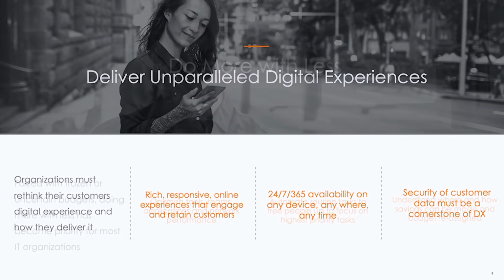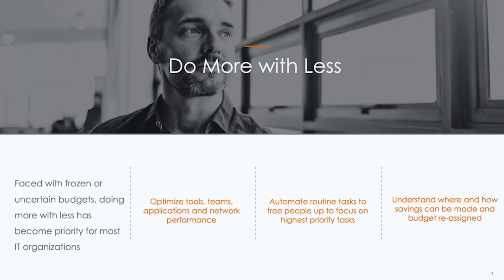Second thing is you've got to be able to do more with less. Obviously, right after COVID hit and work from home hit, there was an imperative in most organizations to ensure security. So security budgets really weren't impacted, but a lot of other budgets were either put on hold or just taken away.